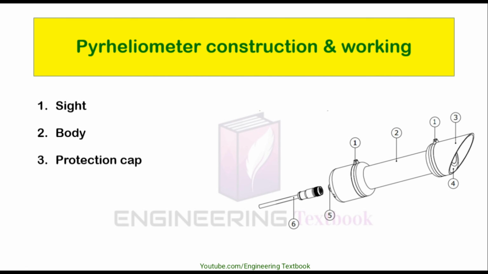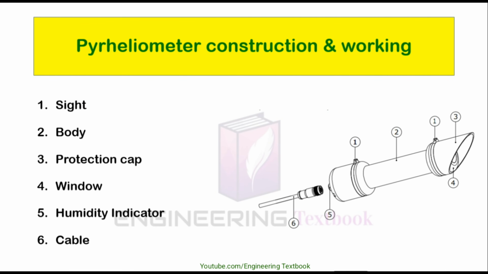Third is the protection cap, which protects the sensors. Fourth is the window, which consists of sensors with black absorber. Fifth is the humidity indicator, which detects the moisture content. And sixth is a cable to the output lead.